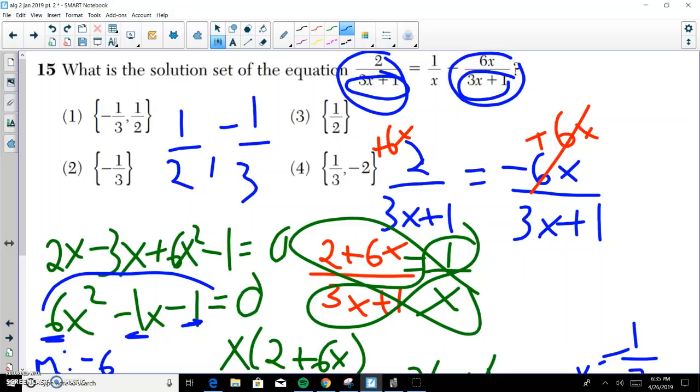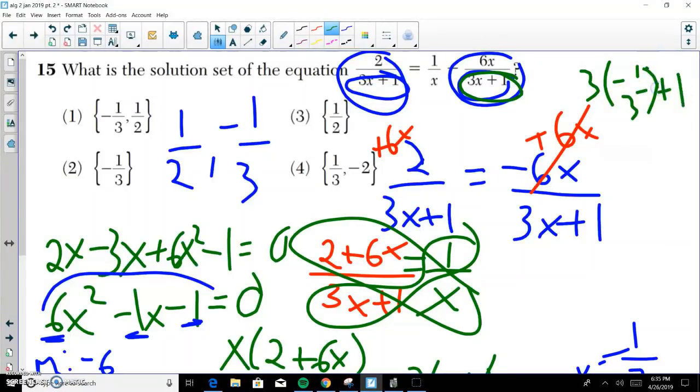However, our answer is only going to be 1/2 and not negative 1/3. Here's why it's not going to be negative 1/3. So if we plugged negative 1/3 in, over here, 3 times negative 1/3 plus 1.